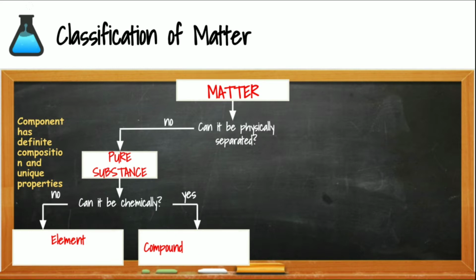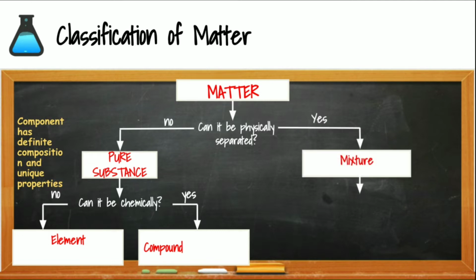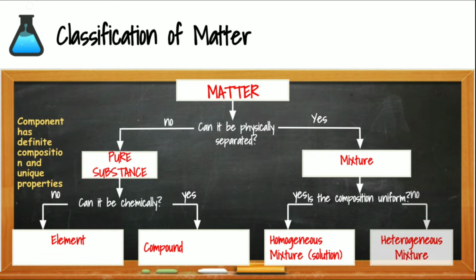Now, all pure substances have a definite composition and unique properties. In later lessons, we'll focus on mixtures, which can be separated and are described as homogeneous or heterogeneous mixtures, but more on those later.